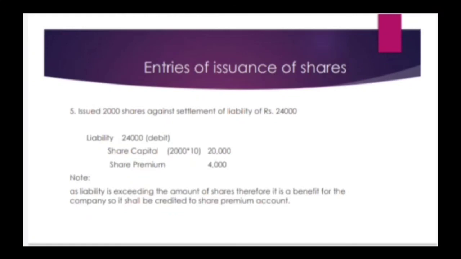Now we do not know whether they're sold at premium or discount, but we know that the share is of rupees 10 always, and the liability is 24,000. So 24,000 liability is being settled by 20,000 of shares. So 4,000 is in the benefit of the company. Therefore, we will record it as a premium for the company.